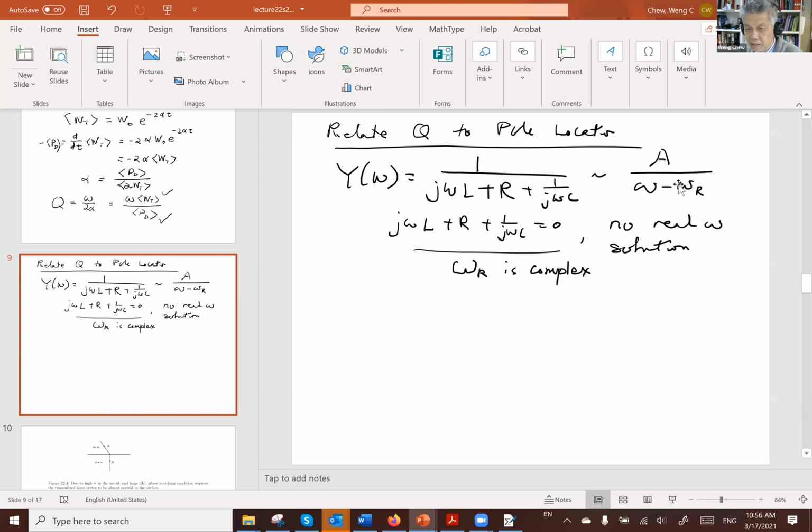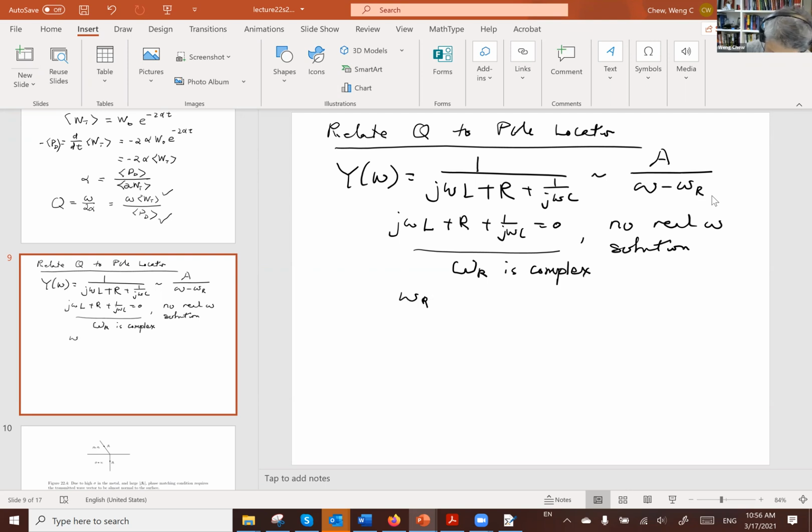But omega r is always a complex number now. Can everybody see that? You can approximate this function by this, but because the root of this equation is a complex number, your Taylor series expansion would look like this, where omega sub r is a complex number. Is this clear to everybody? So I can actually write the transfer function.